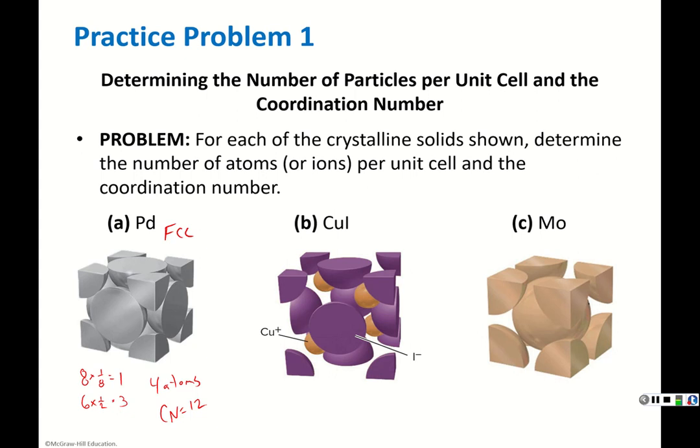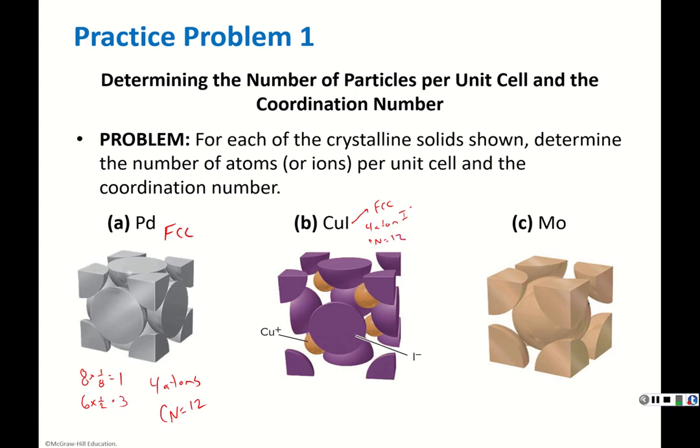How it looks in the picture, though, is a face-centered cubic with respect to iodine, which again would just be, for iodine, face-centered cubic. That would be 4 atoms per unit cell of iodine and a coordination number of 12.